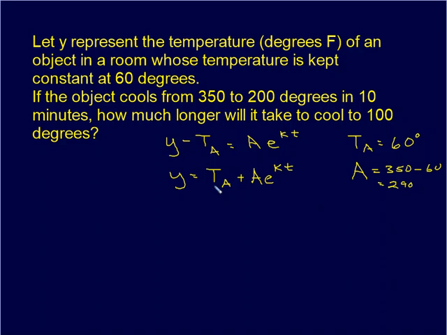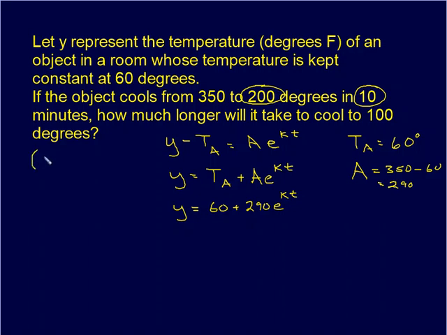So I already know two of the three constants in my equation. I know that the air temperature is 60, and this capital A is now going to be 290, and I still don't know the constant K, but we'll get to that next. I have the other temperature information that after 10 minutes, the temperature was 200. So we're given two ordered pairs in the problem, if you think about it.